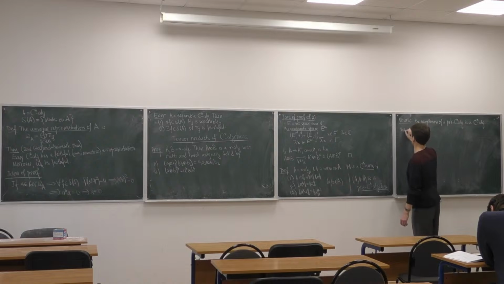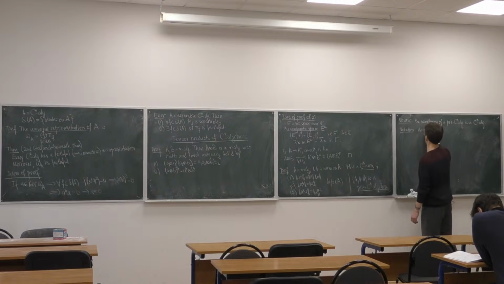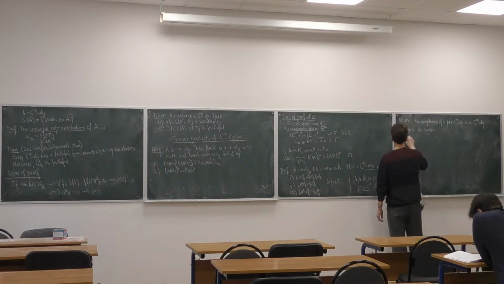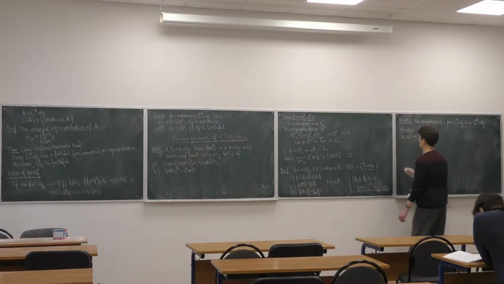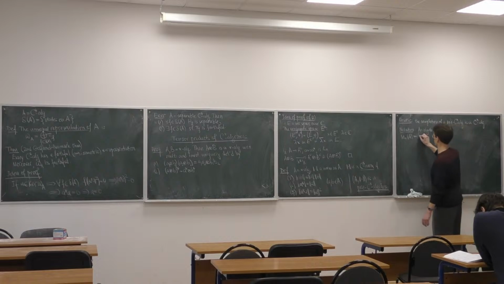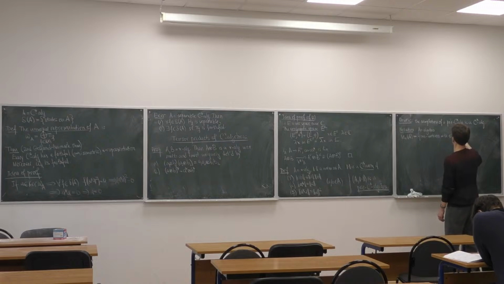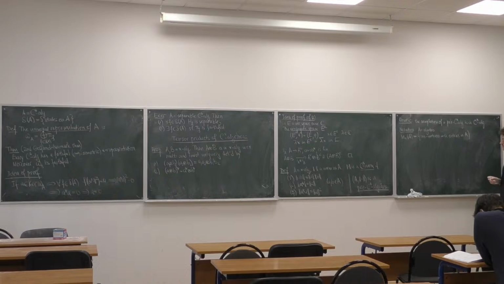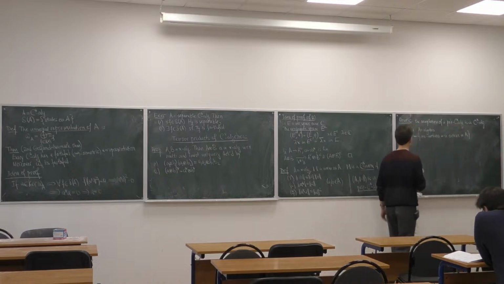Let's introduce some notation. If A is an algebra, let's denote by Mn of A the algebra of all n by n matrices with entries in A. In the special case where A is just the field of complex numbers, we'll denote this algebra simply by Mn.